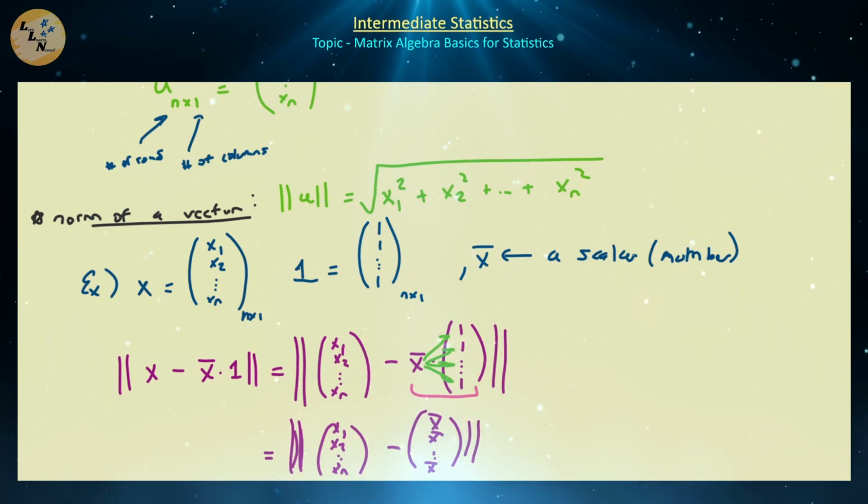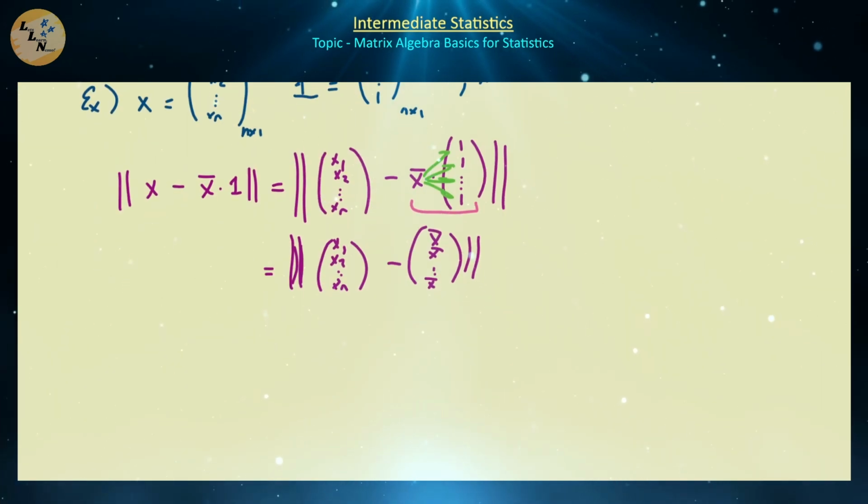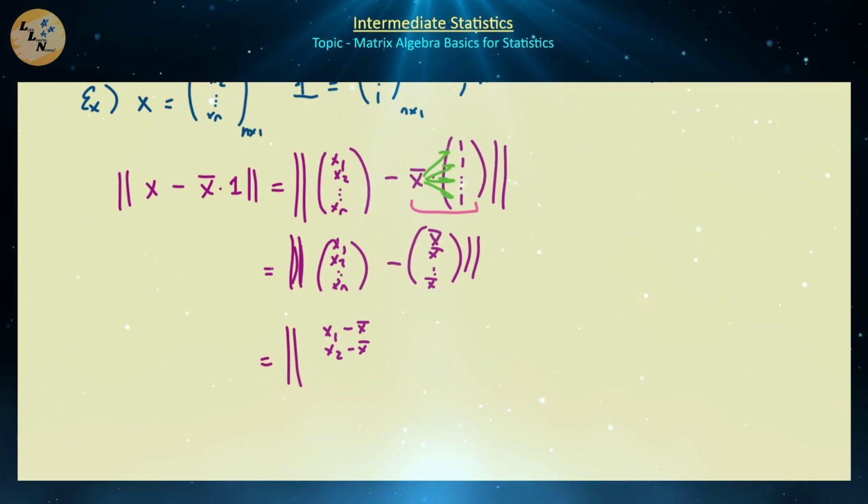If you have two vectors and they have the same number of rows, in order to subtract or add them, you just perform the operation on those particular elements. So the first element is going to be x1 minus x bar, x2 minus x bar, all the way down to xn minus x bar. Those are just n numbers.